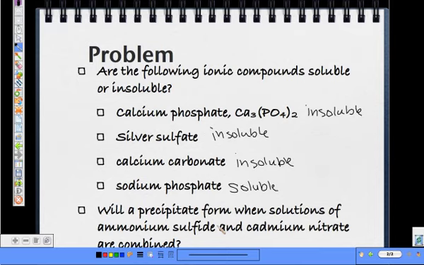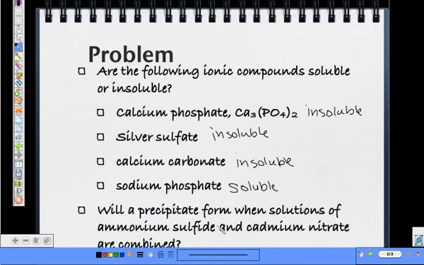So nitrate and ammonium, so ammonium nitrate. Nitrates are the very top one. They are soluble and there's no important exception. So would ammonium nitrate be a precipitate? It forms a solid? No, because it's soluble. Insoluble compounds form solids. So that's not a precipitate.